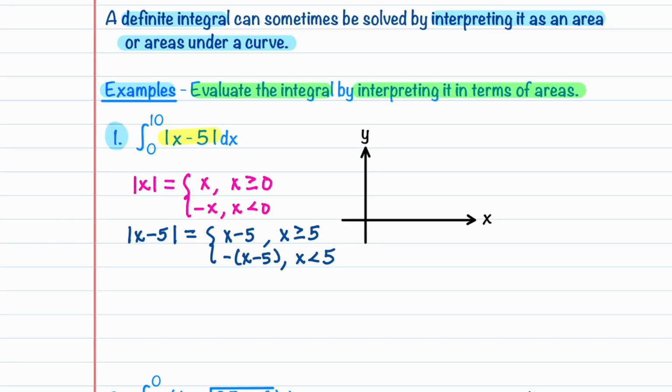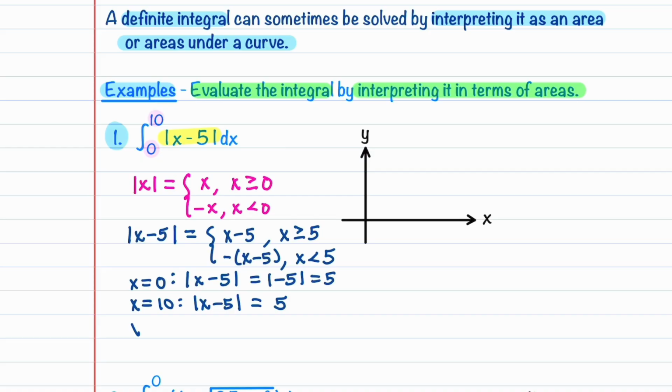We are integrating our function from 0 to 10, so let's find out what our function is equal to at 0 and at 10. When x is equal to 0, the absolute value of x minus 5 is equal to the absolute value of minus 5, which is 5. And then when x is equal to 10, the absolute value of x minus 5 is just equal to 5.